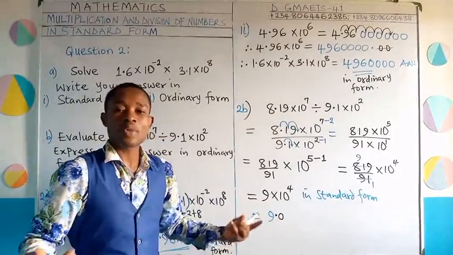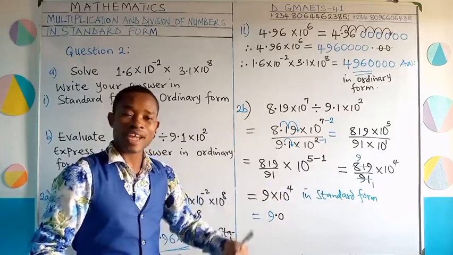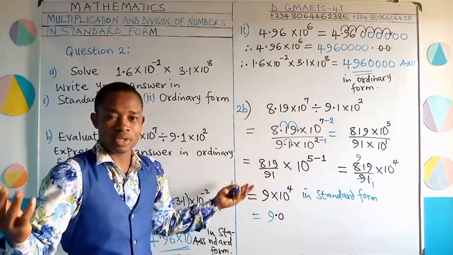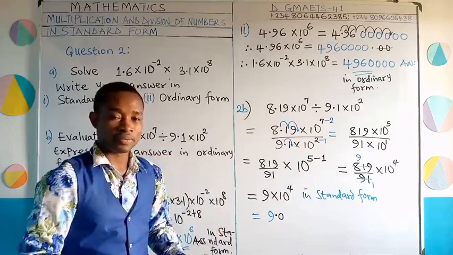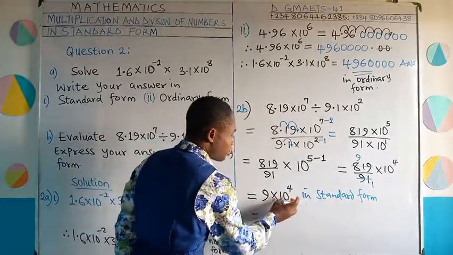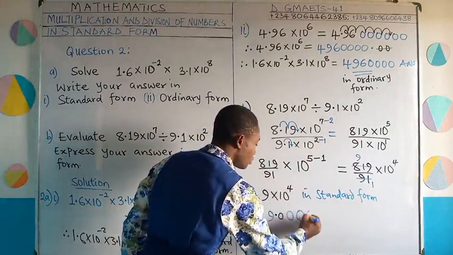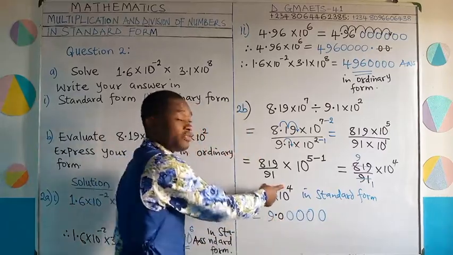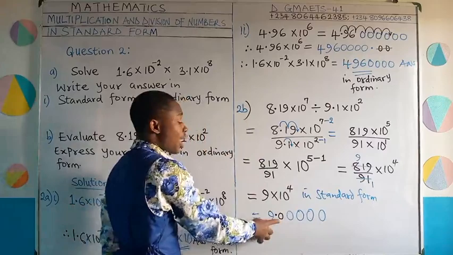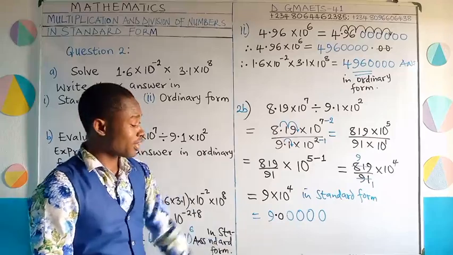It could have been maybe 9.135, 9.8, 9.059, whatever decimal parts. So you need to know where to move your point from. Since we have times 10 raised to the power 4, I am going to attach 4 zeros. 1, 2, 3 and 4. Please take note that this 0 is not part of the 4 zeros from this 10 raised to the power 4. That is why I wrote it in a black colored marker.